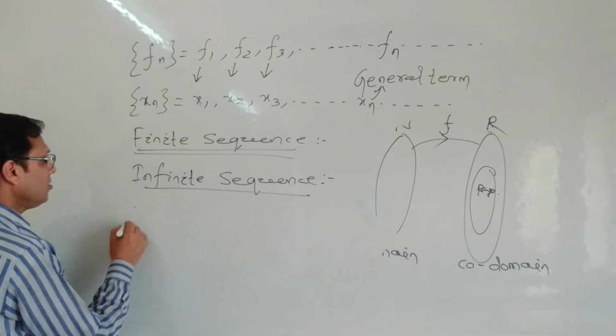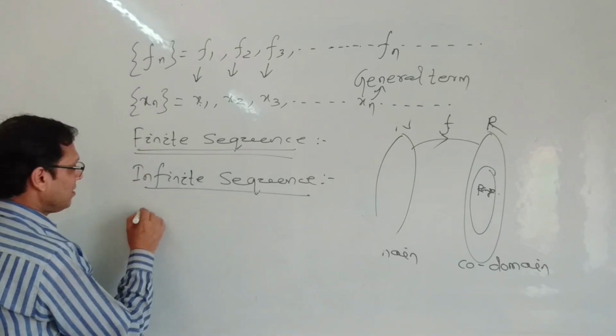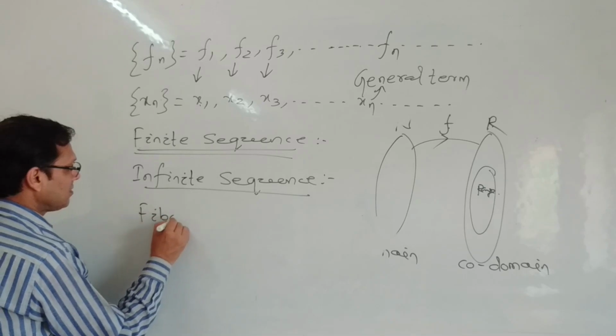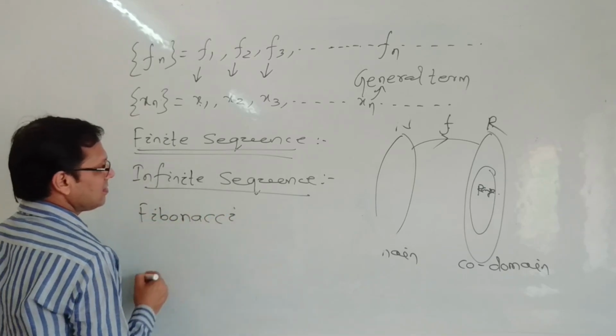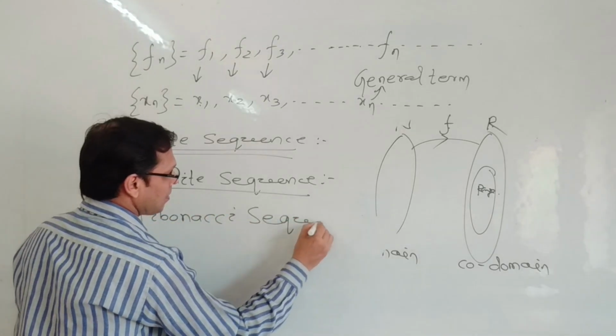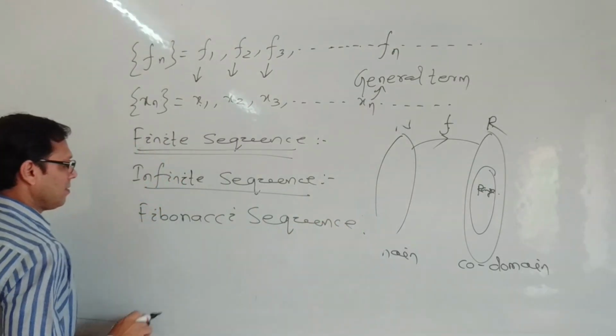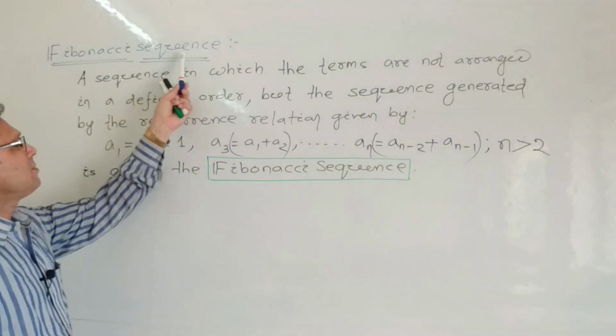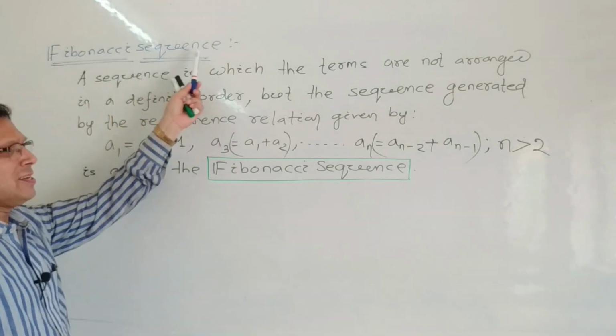Then we'll go to a special sequence, that is the Fibonacci sequence. Okay, one special type of sequence is called the Fibonacci sequence.